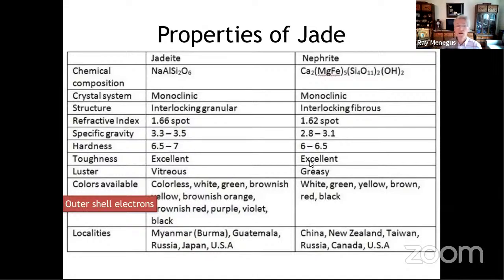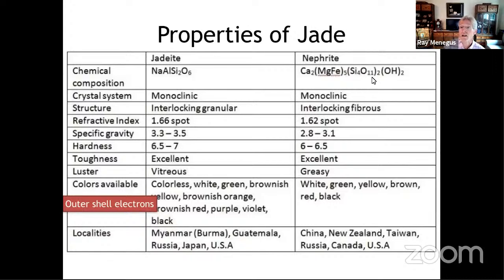So that was a little bit of a review, but this is where the science of jade begins. As I mentioned earlier, there are two main kinds of jade: the ancient Chinese jade, nephrite, which is a silicate.